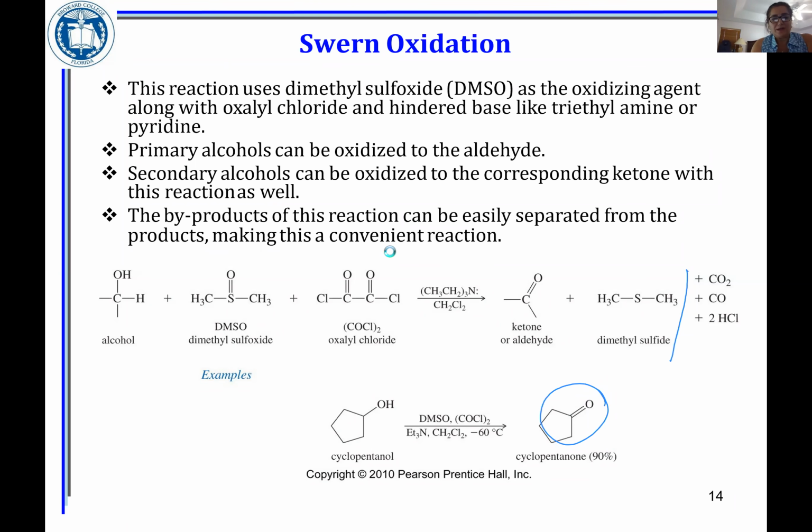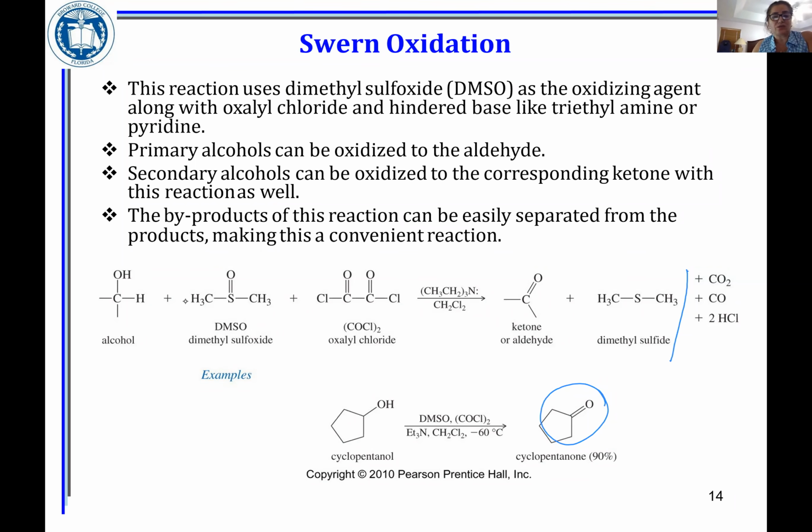Dimethyl sulfoxide, it's a solvent again. This solvent you probably know from SN1, SN2 type reactions or E1, E2 reactions. Dimethyl sulfoxide is a polar aprotic solvent.